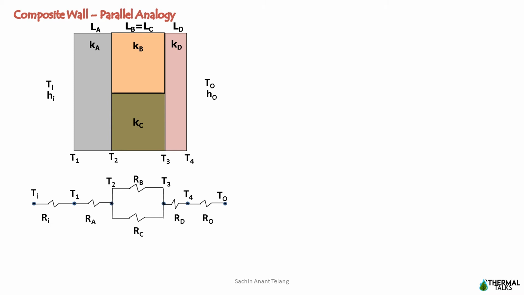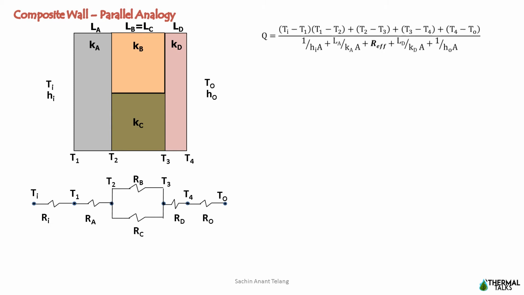Now the heat transfer equation is as follows. You can see that there exists what we call effective thermal resistance between wall B and C, and we can write effective thermal resistance as 1 by R effective is equal to 1 by RB plus 1 by RC, where RB and RC are thermal resistances of wall B and wall C respectively.